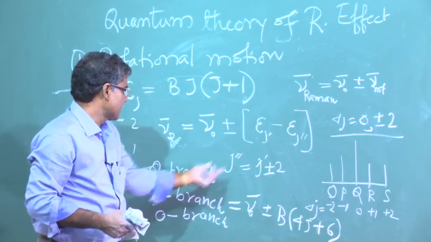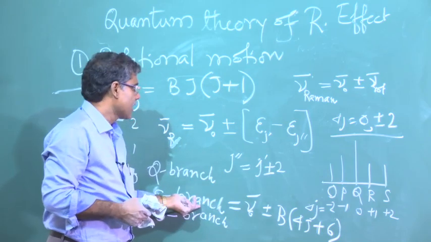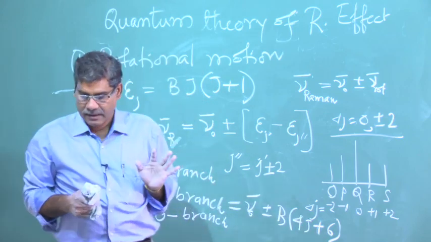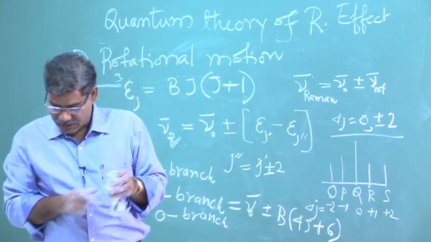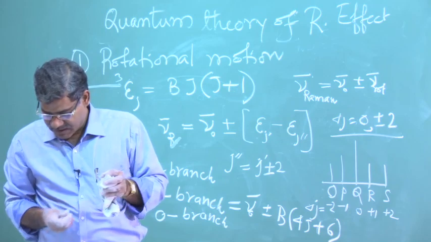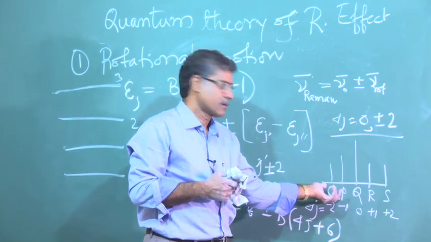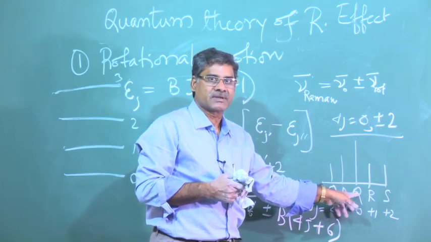If you consider del j equal to plus 2, then you will get this one, and that is for the S branch. Similarly, one can consider the other branch like the O branch, and of course, for Q it is 0.